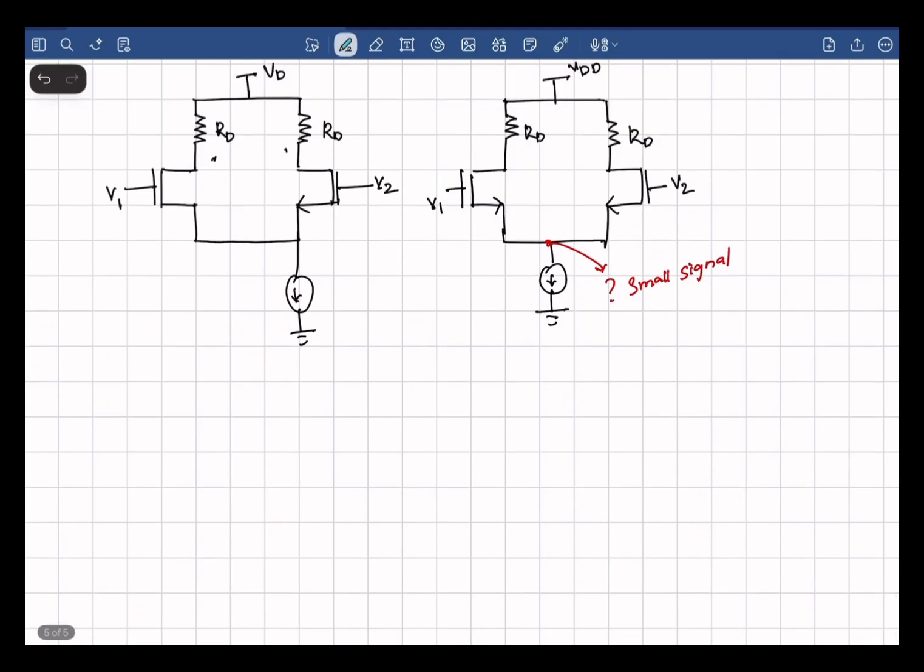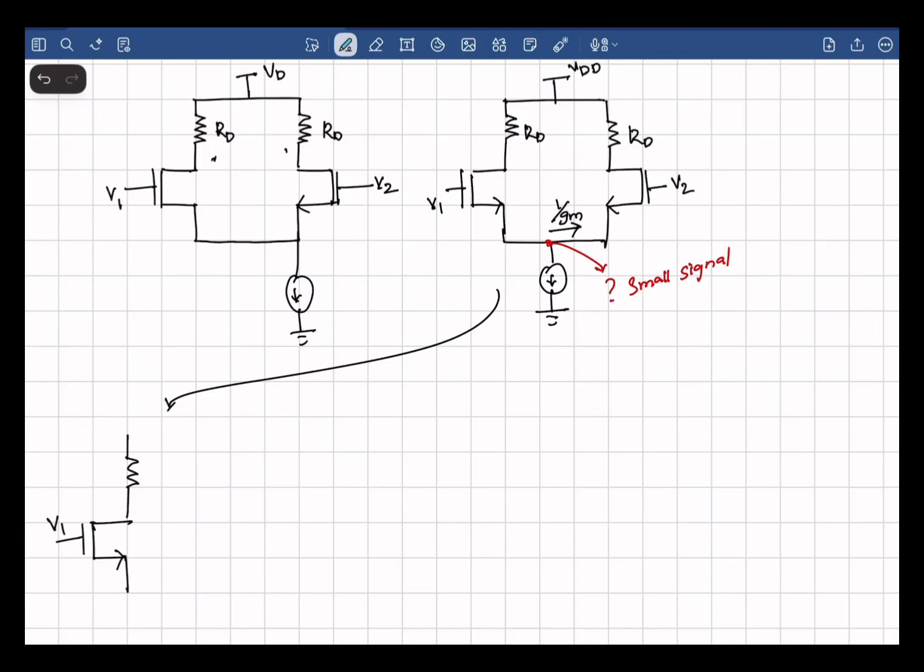So, in order to find the small signal voltage here, I can reduce this circuit into something like this. So there's RD connected in a common source structure, and we know this is a symmetric circuit, and the impedance looking into the source terminal is 1 by GM.